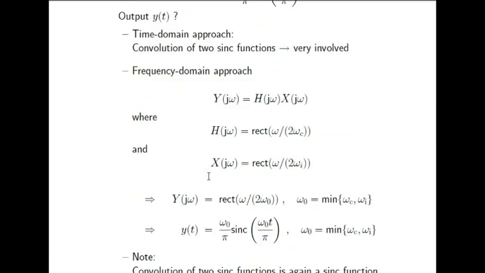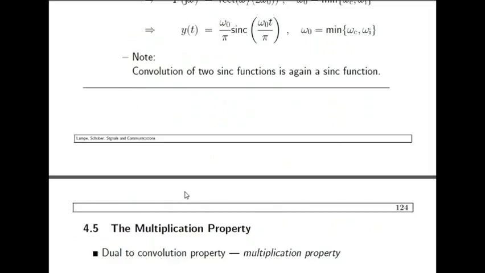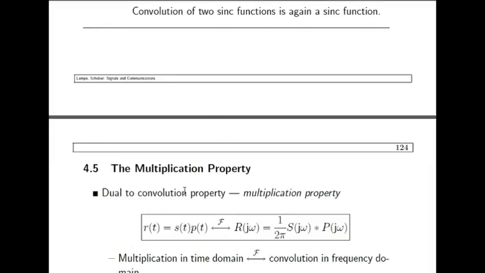So Y(jω) will be this function, a rectangular function only, where ω0 will be the minimum of ωc and ωi. And again, you know that the inverse Fourier transform of a rectangular function is a sinc function. So this was all about the convolution property.